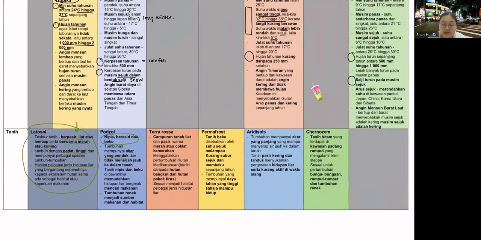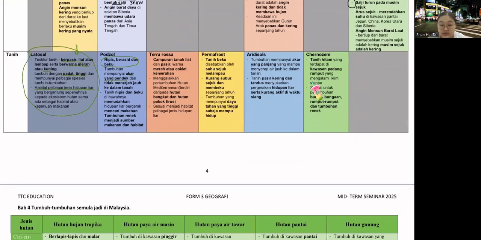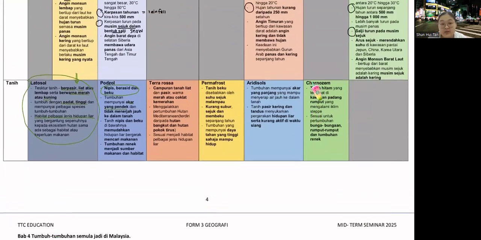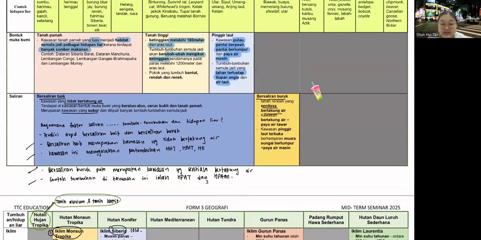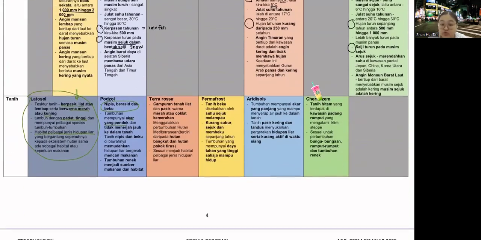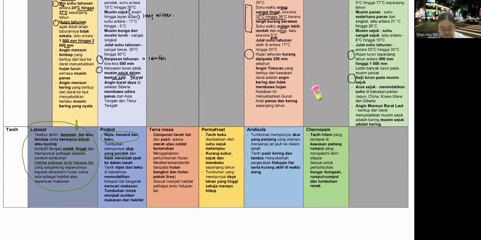All right. And terra rosa and permafrost are quite rare to ask you. What I mean is quite rare is they can only ask you about Tanih actually for hutan tundra. All right. So when they ask you permafrost, then it must be hutan tundra already. And hutan tundra is only shown in this part throughout your whole Form 3 syllabus. Only in these subtopics.